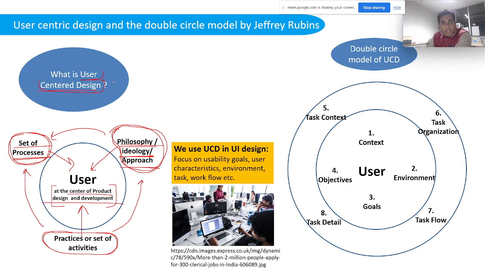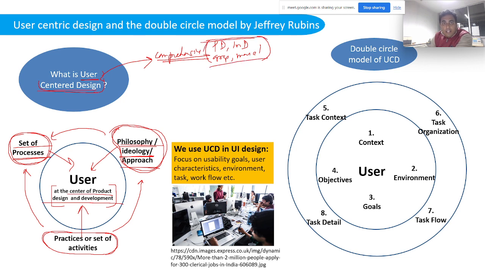The user-centered design process is a comprehensive design process, very comprehensive in nature. That's why it's used in many disciplines, like product design, industrial design, graphic design, and the movie industry. For various design disciplines you can consider a user-centric design approach.